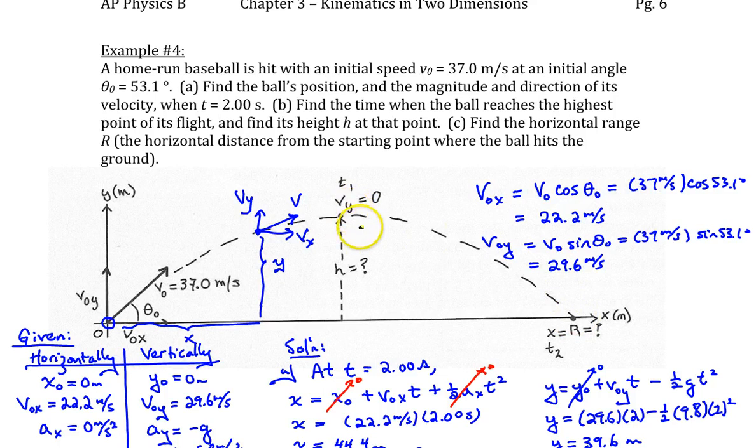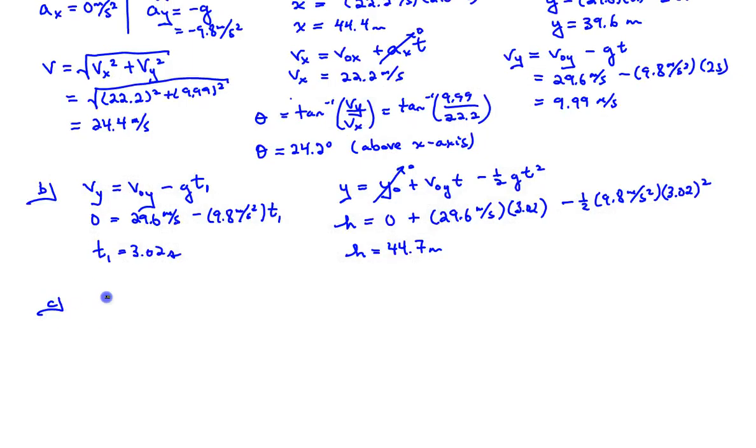So let's use that in our solving for the horizontal distance, range R. So part C, the total time in air, t2, would be equal to the time up, t1, multiplied by 2.